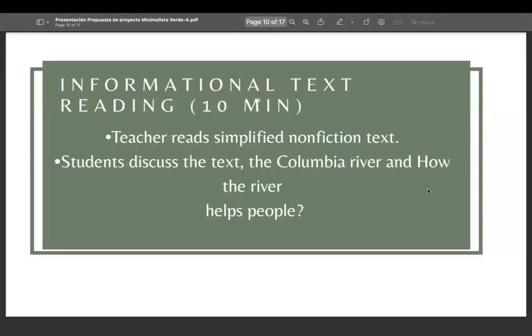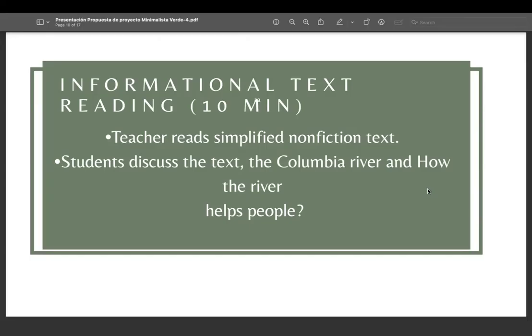And then the informational text reading. After the teacher reads the simplified nonfiction text, it explains how the dams on the Columbia River help provide electricity for neighborhoods and the communities surrounding the area.